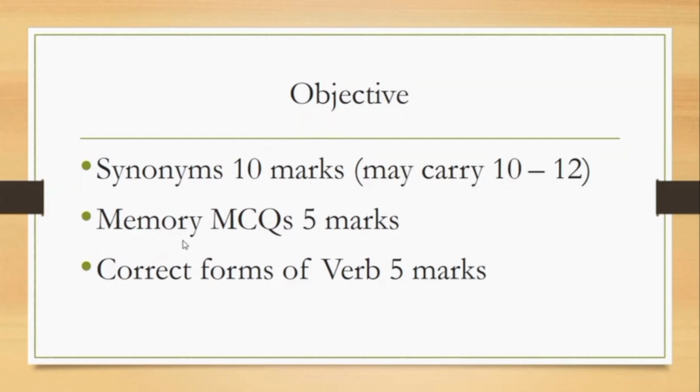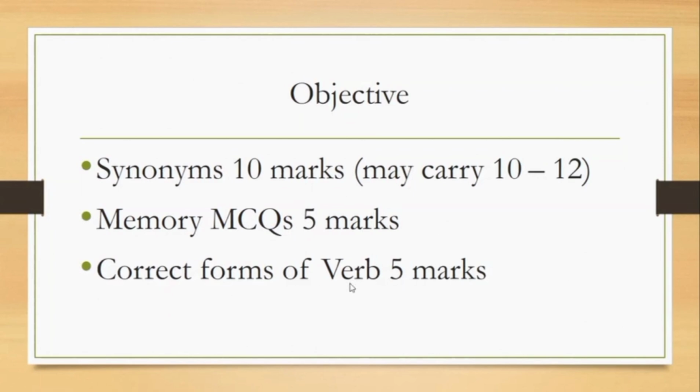Then there are memory MCQs, which ask about your memory, whether you have read the lesson thoroughly or not. For instance, the age of a character can be asked or anything particular about them. This carries 5 marks. Then there are correct one-mark words, which carry 5 marks.